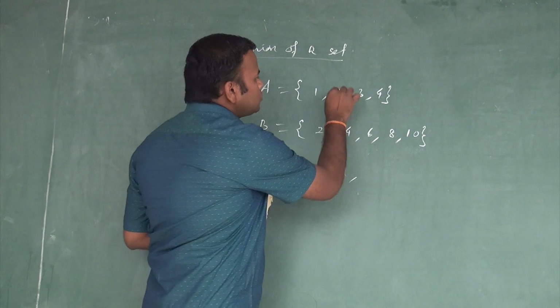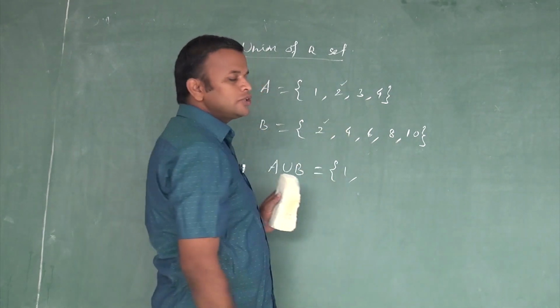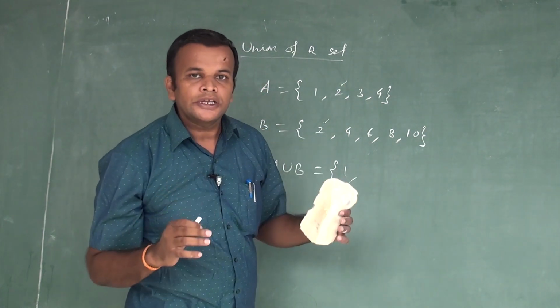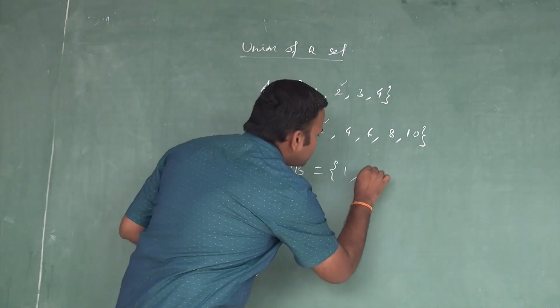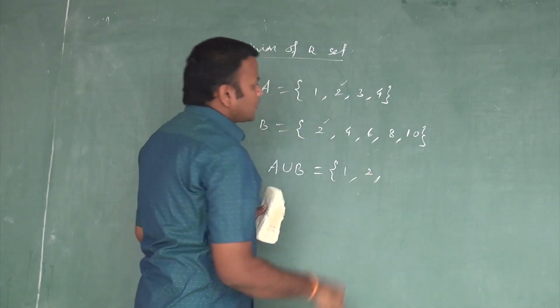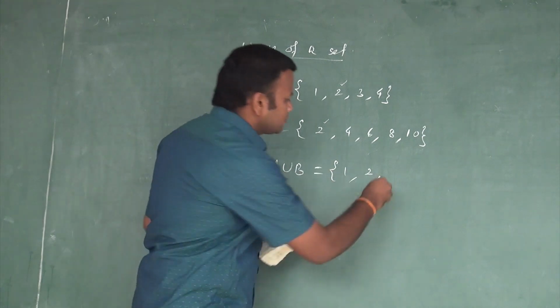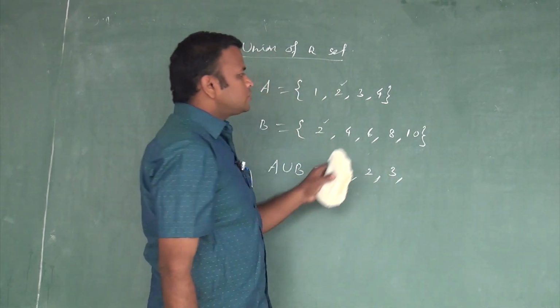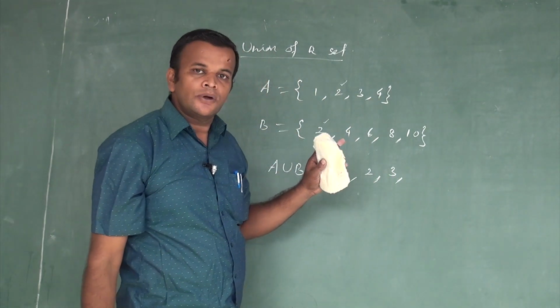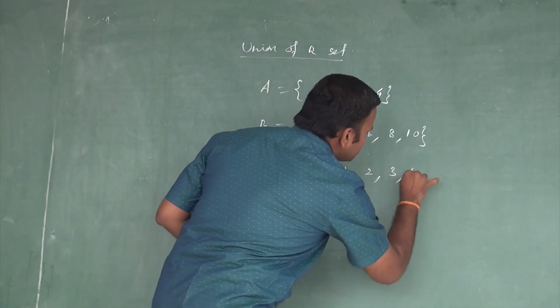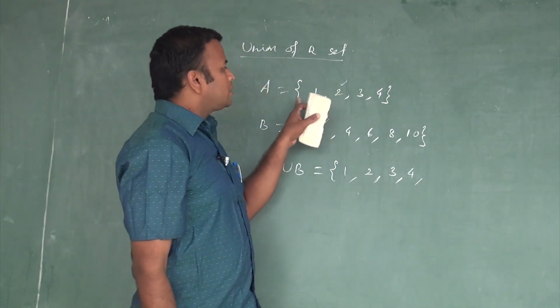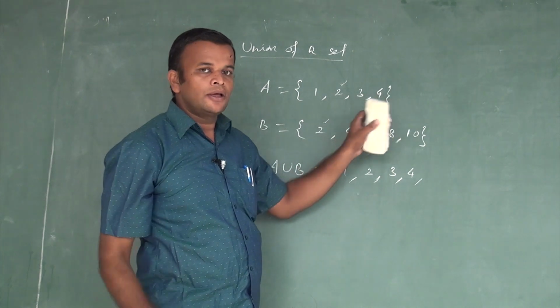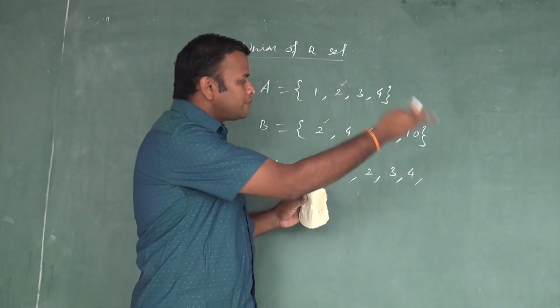The number 2 lies in both A and B, and repetition is not allowed, so we write 1, 2 only. The next number is 3, and you see 4 lies twice, so we write 4 only once.